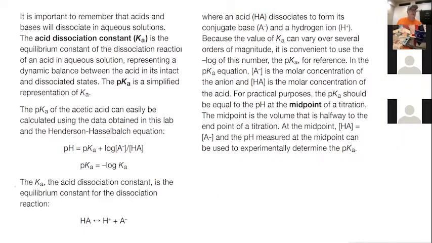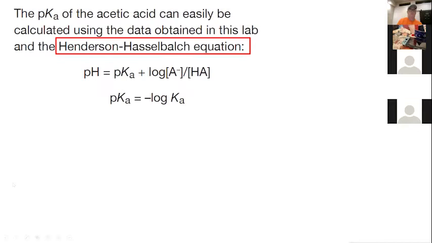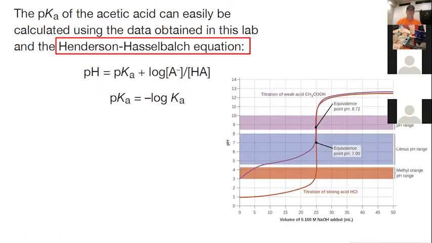So let's just have a look at what that means. So again, here's our Henderson-Hasselbalch equation. So when my conjugate base equals the concentration of my acid, then this drops out and the pKa will equal the pH.